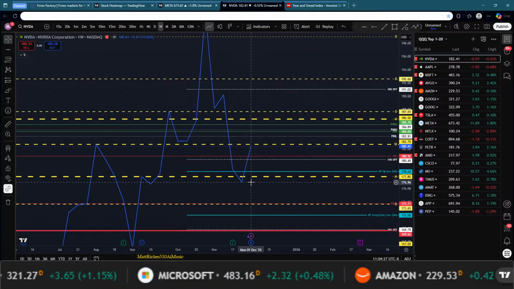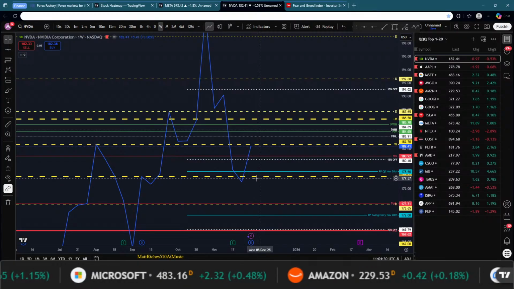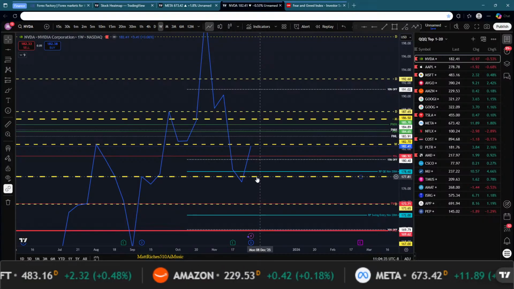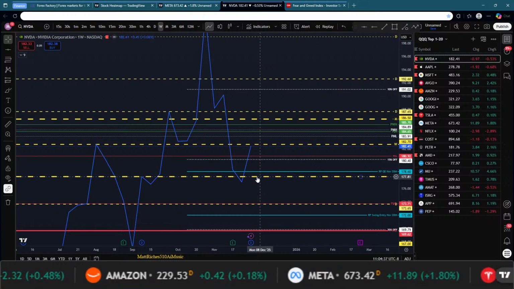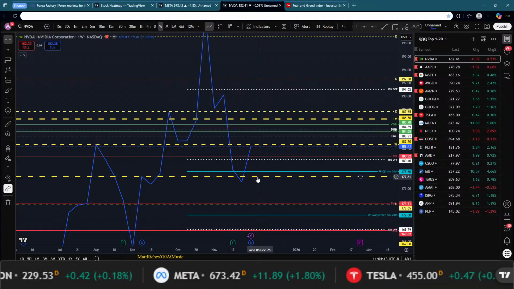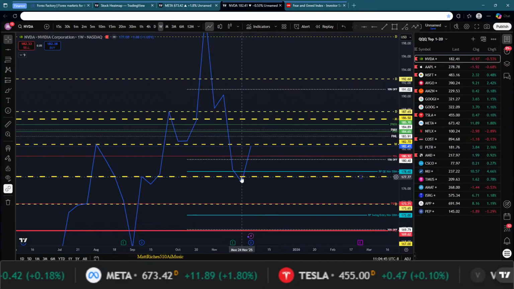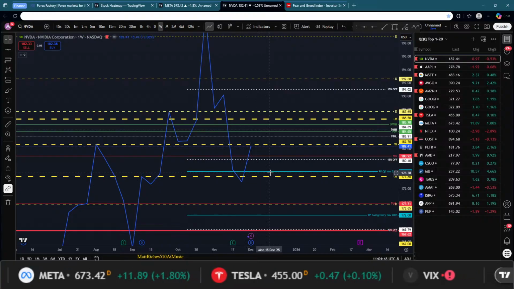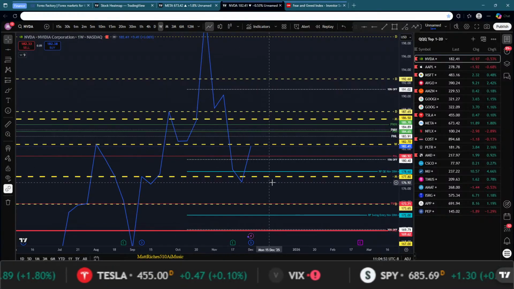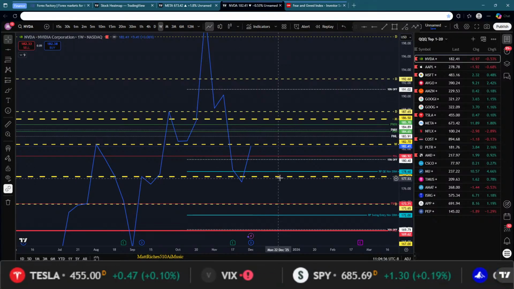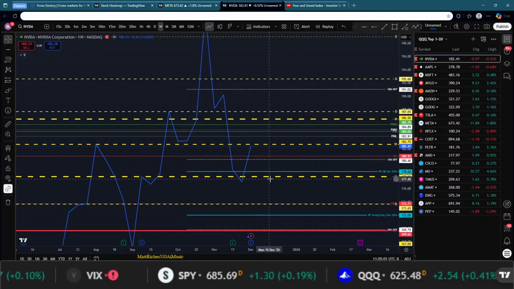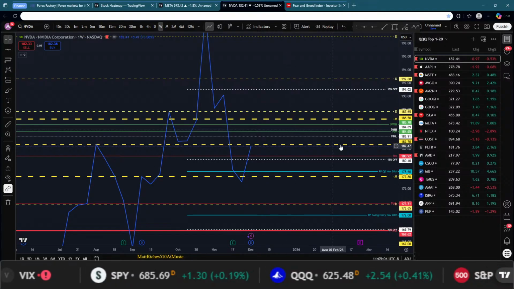So I won't need to put a weekly level right here because, like I said last show, I put these levels on here, but at the same time, it's really just a zone. So it could be $1 or $2 to the upside or downside and still bounce there. So I won't need to put a weekly level here especially because this is a monthly level. That's actually going to be a wider zone than the weekly level will be.